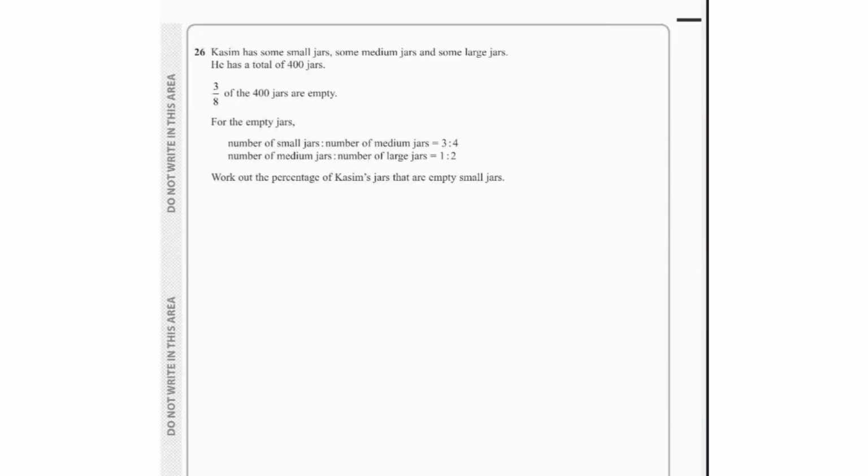Work out the percentage of Qasim's jars that are empty small jars. First, let's find the number of empty jars. That's 3/8 times 400, which is equal to 150 jars.